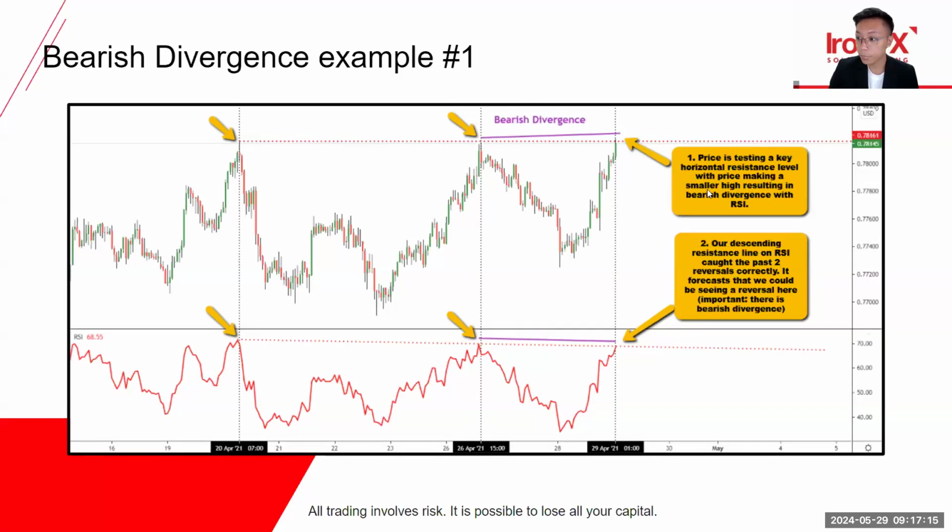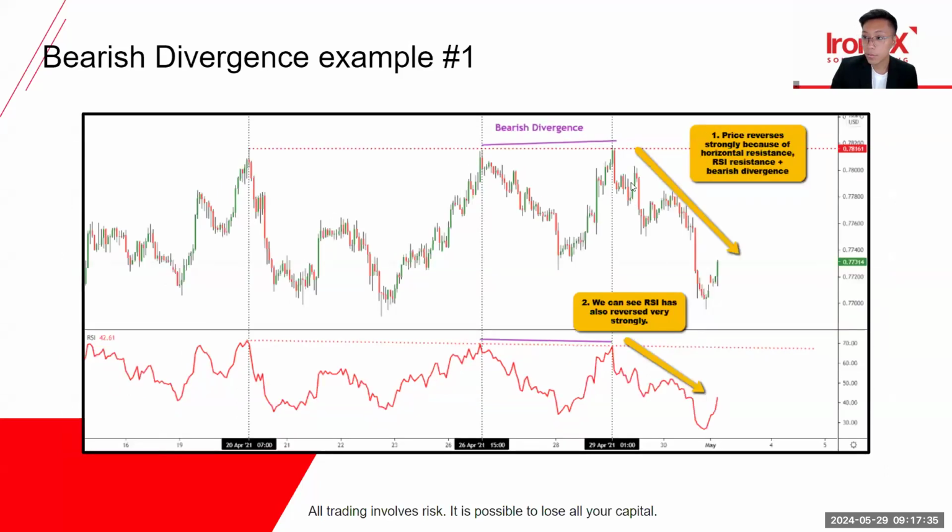We can see right here, price has made a higher high, but on the RSI chart, we can see that it has made a lower high. So there is bearish divergence here, and there might be a chance for price to actually reverse from here.